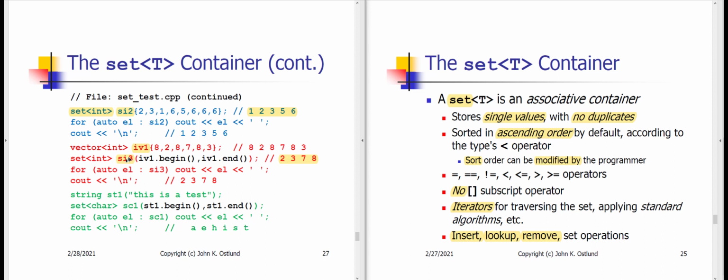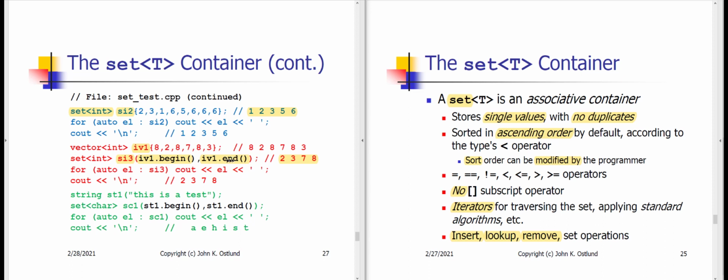si3 is a set of ints, and here I want to illustrate yet another way of initializing the elements of a container. In between parentheses, you can specify 2 iterators, and the object that you're declaring will automatically be initialized from this other container with all of the values starting from the beginning and going up to just less than the end.